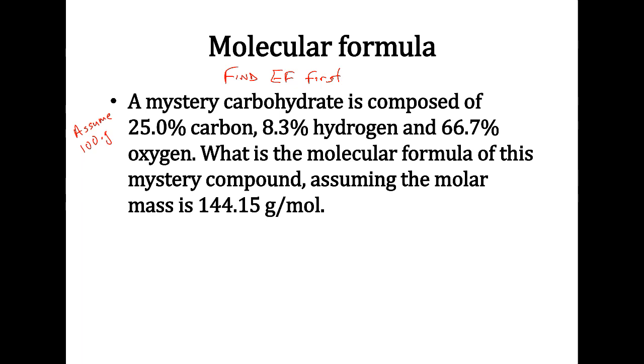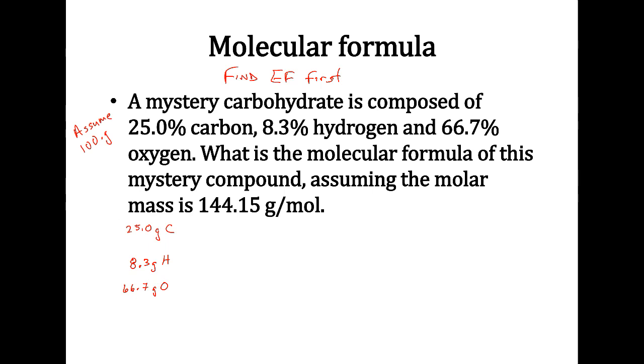If you assume you have 100 grams, then you can convert those percents directly to masses. So we would have 25.0 grams of carbon. We would have 8.3 grams of hydrogen. And we would have 66.7 grams of oxygen. Okay, so that's the percent to mass.